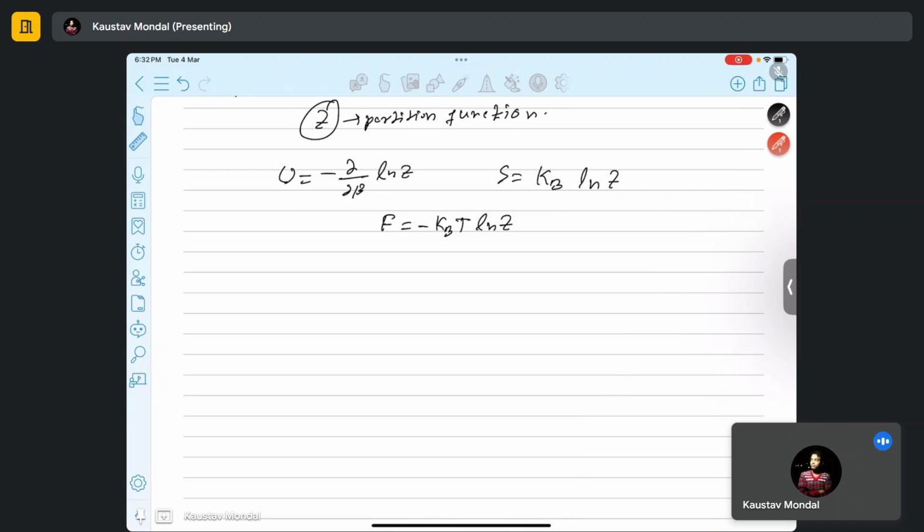Now we have to calculate the partition function for a system with energy levels that are equispaced by E.